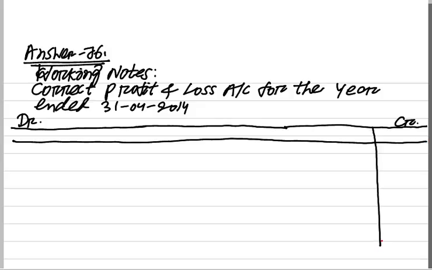This is the basic format of a profit and loss account, and after that we have to prepare a correct profit and loss account; no wrong profit and loss account is required.